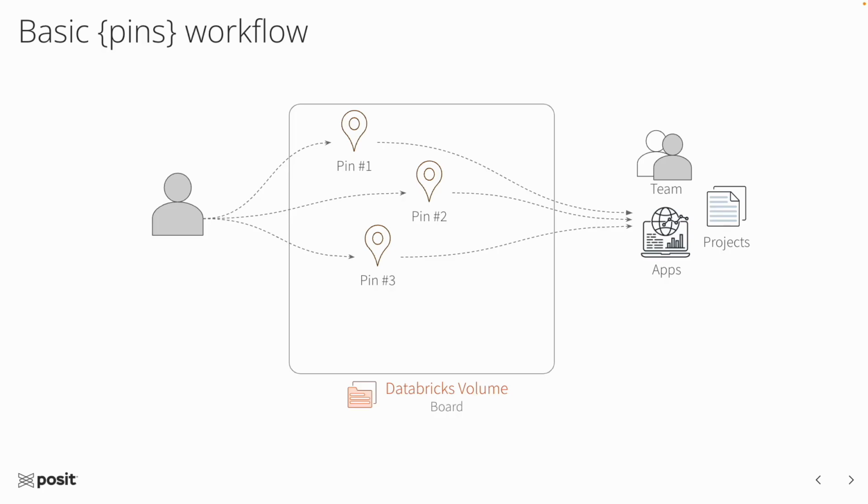I didn't mention, though, that there's another possibility where you can have a job, for example, that would run on a regular schedule, read the latest data from the database or whatever data sources, and then write the pin. That pin then becomes available downstream for the apps, projects, and teams that we're talking about.